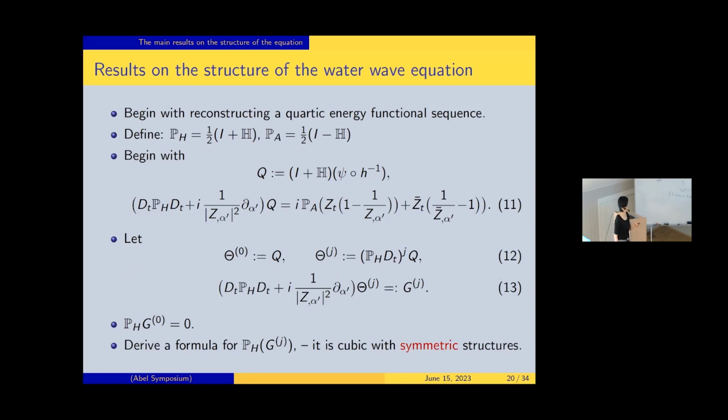So we rethink everything in the conformal mapping variable: this is the velocity potential, and we project to the space of holomorphic functions. Being flat and holomorphic in the air region, you just put a bar, because H is purely imaginary, so it doesn't make any difference; you just project to the space of holomorphic functions, I plus H. If you want anti-holomorphic, you just put a bar on top of it.